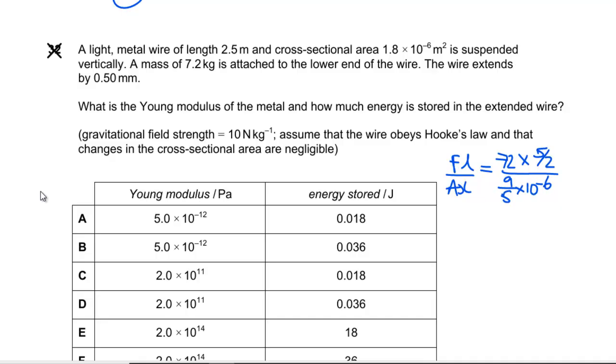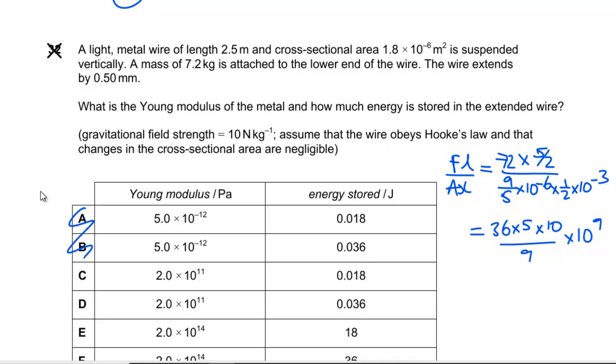And then where's the extension? So a half times 10 to the minus 3. So it's 36 times 5, and then I've got a 9 over 10, so times 10 over 9 times 10 to the 9. So 4 times 5, so 200, so 2 times 10 to 11.